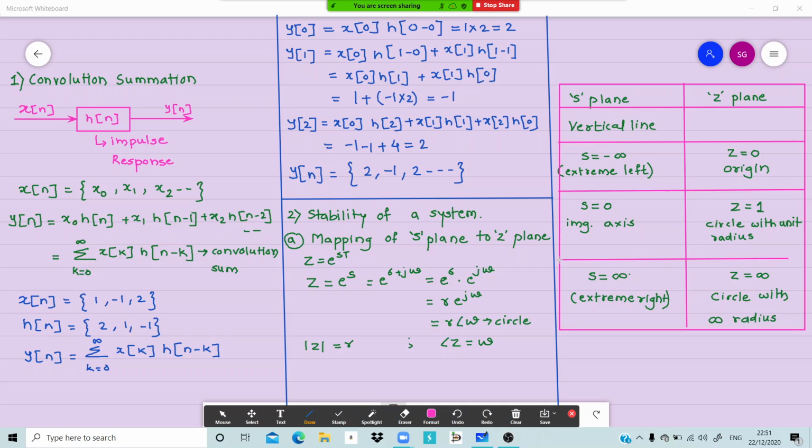So definitely I can write on this side, circle. Now what is happening to the horizontal lines? We want to see that. But before that, I'll draw one diagram and try to explain whatever we have seen on the graph. Let me save this.